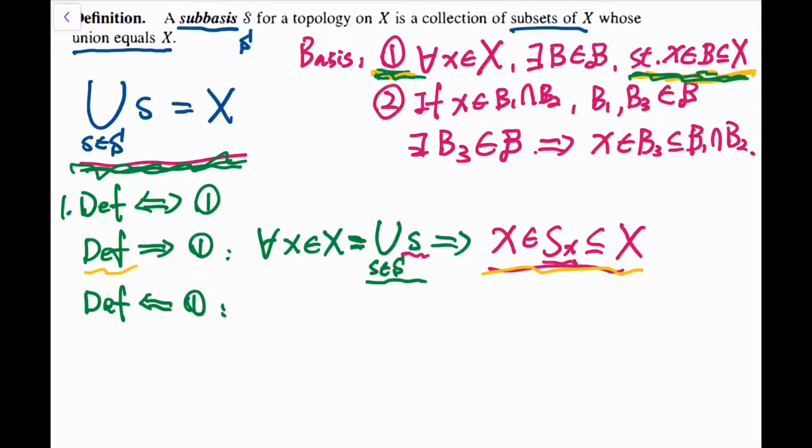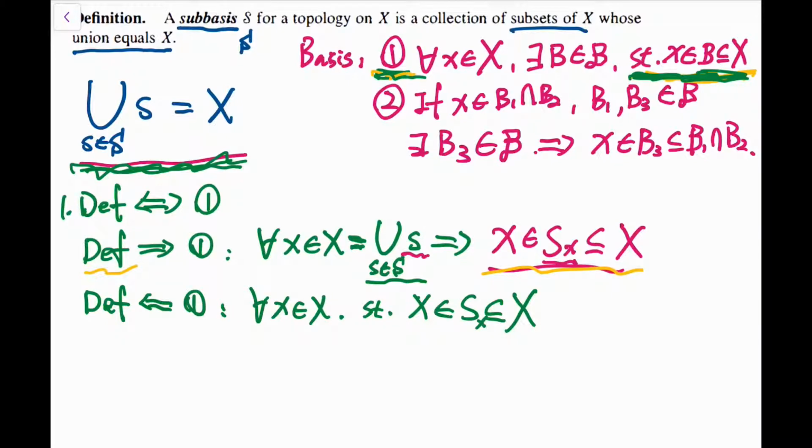From the first property of the basis, we get this relationship: for any x in the X, x should be inside the B. But because we are talking about the subbasis now, we can replace the B by S. So we have x inside the S, and the S is a subset of the big S, and we can also denote this S by Sx because it contains the x.